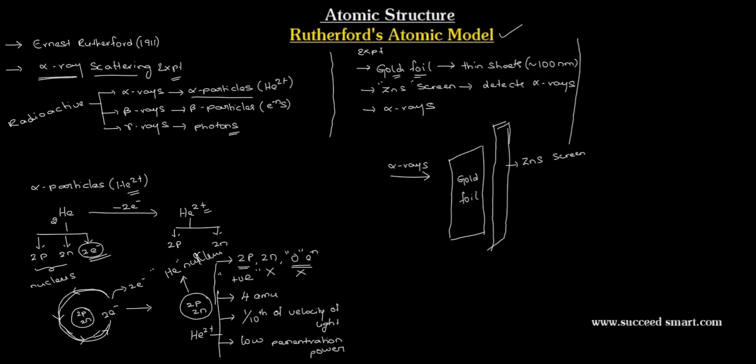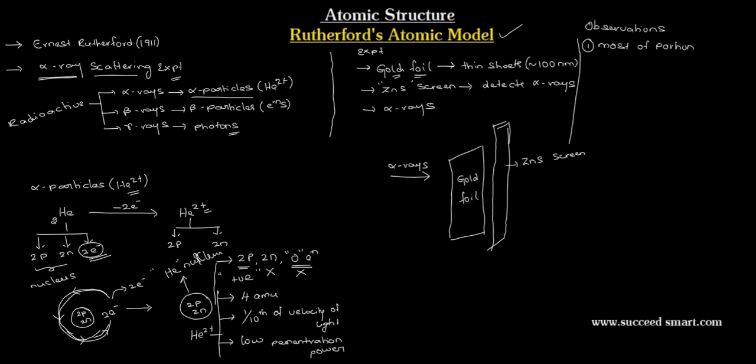Now we shall write down the observations made by Rutherford. The first observation is that he observed that most of the rays pass through the atom without any deflection. Therefore, he said that most of the portion of the atom is empty.